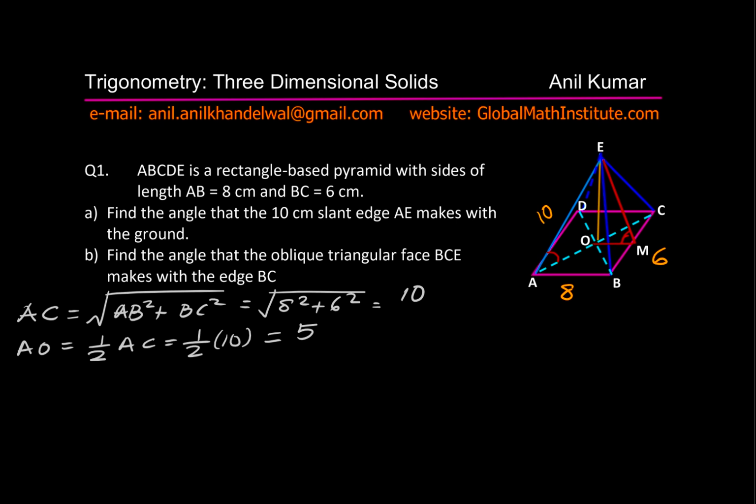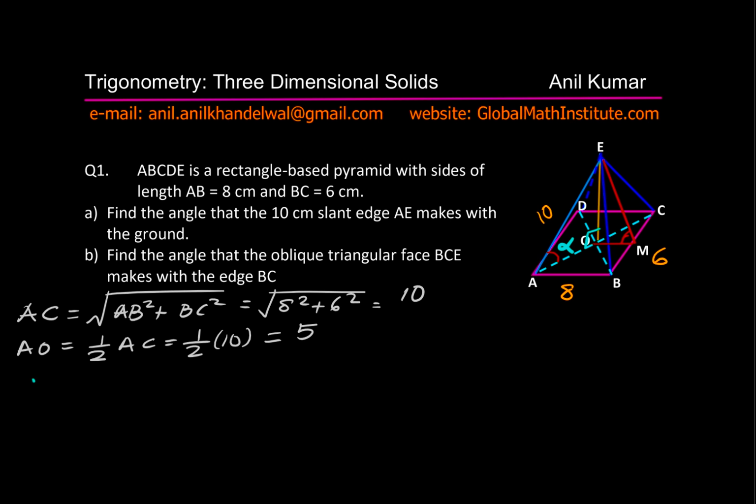Now we need to find the angle. We know AE and AO. In this particular case, this is a right angle triangle, and therefore we can use trigonometric ratios to find the angle. We are looking into hypotenuse and the adjacent side. So cosine of this angle will be the solution, correct? Let's call this angle alpha.